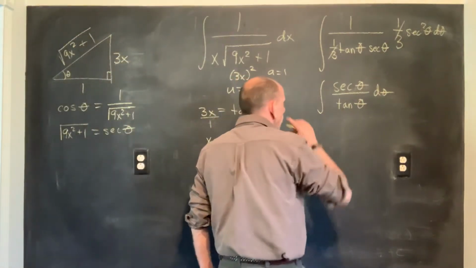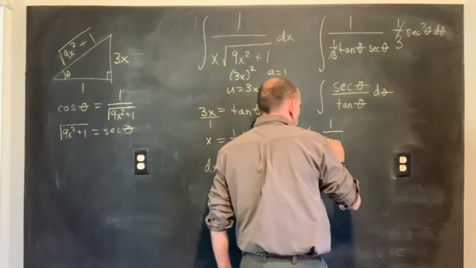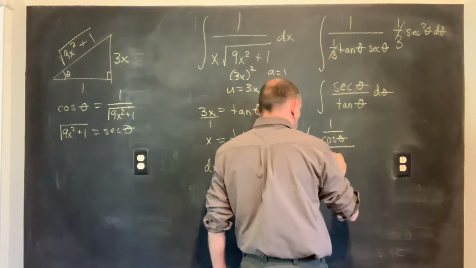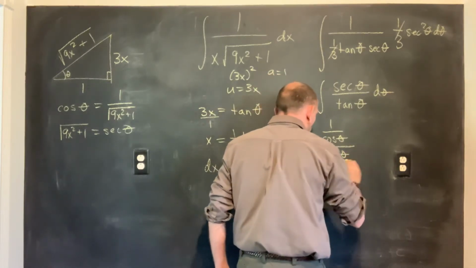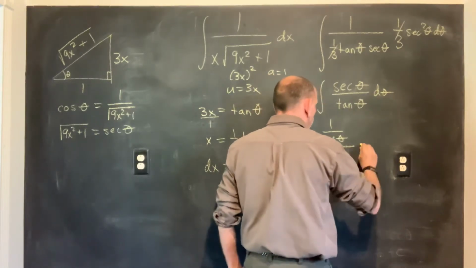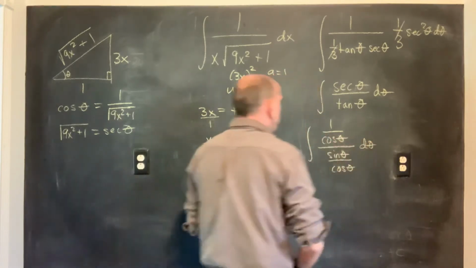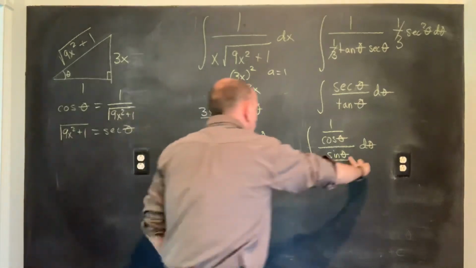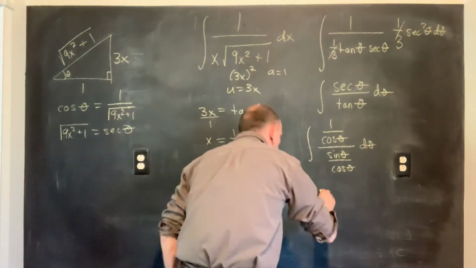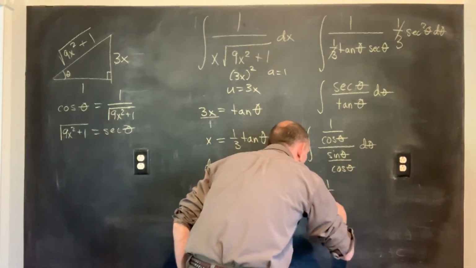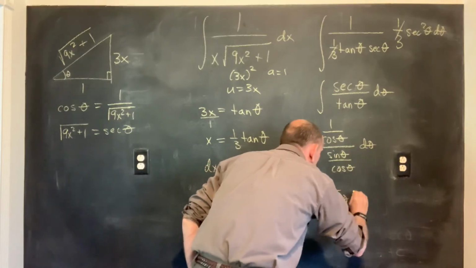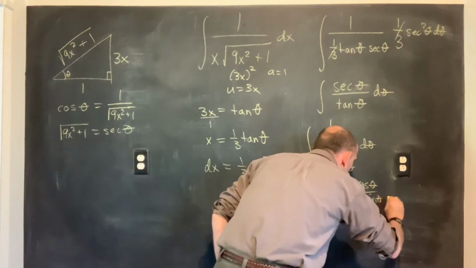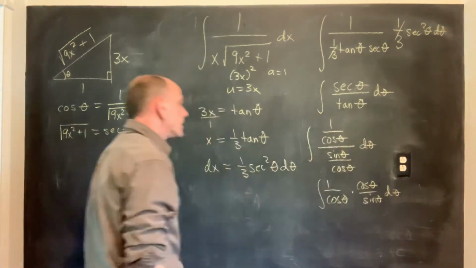So let's see, we've got the secant, which is 1 over the cosine of theta, and the tangent, which is the sine of theta over the cosine of theta, d theta. Dividing by a fraction is multiplying by the reciprocal. We're going to get 1 over the cosine times the cosine over the sine. Cosines become 1.